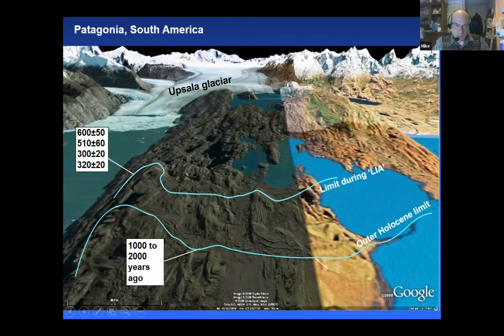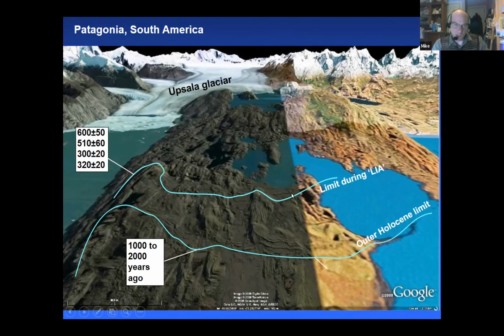You can see I drew this blue line, and these numbers represent a time period where the glacier was at the blue line. I have various ways to determine when the glacier was much larger, when it put sediment on the landscape.